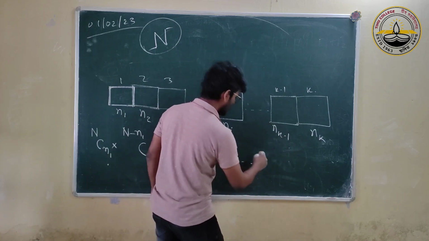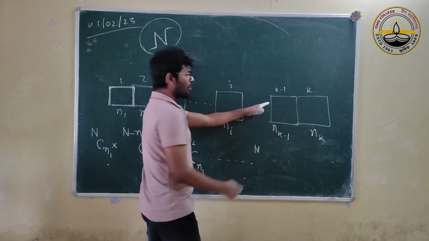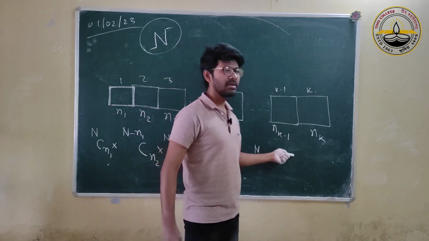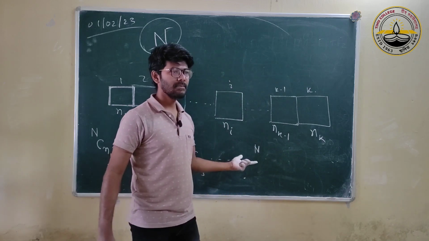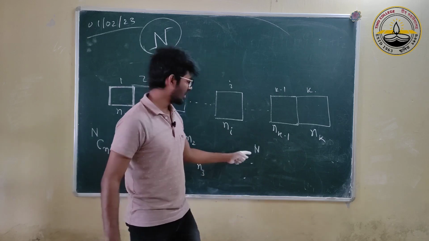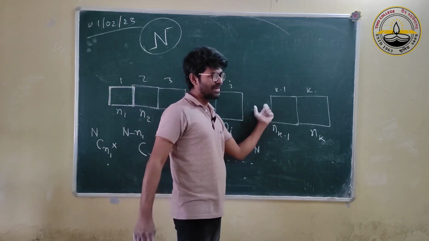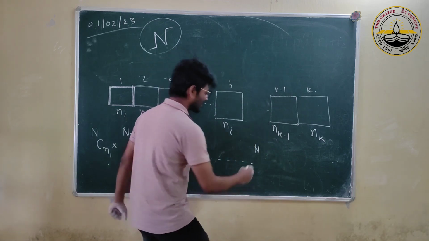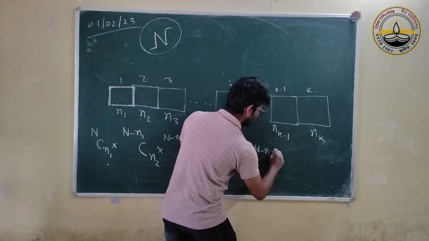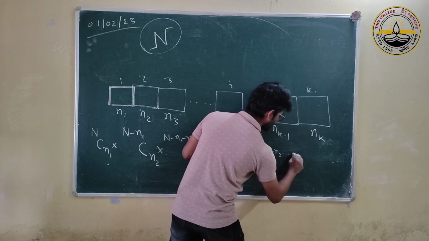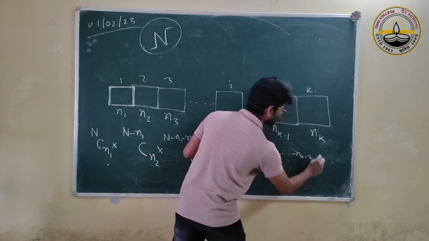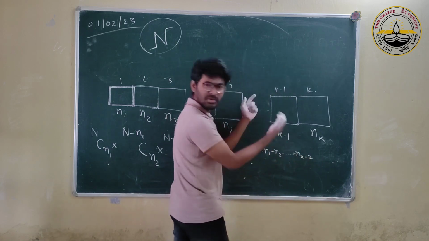k minus 1th. So how many really do you have here? How many particles? If it is k minus 2, then n minus n1 minus n2 minus and so on, up to minus n(k-2). Right? Up to this much you have taken.